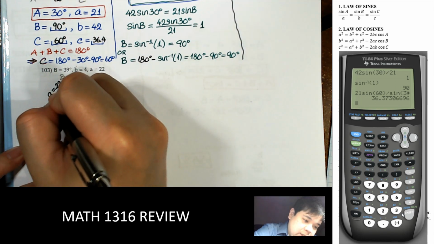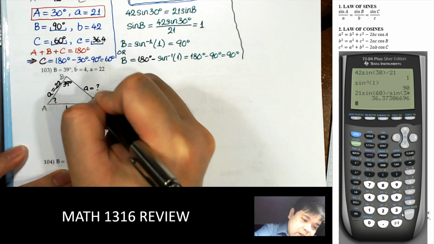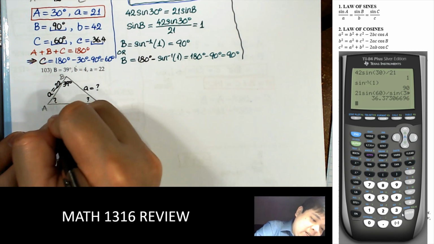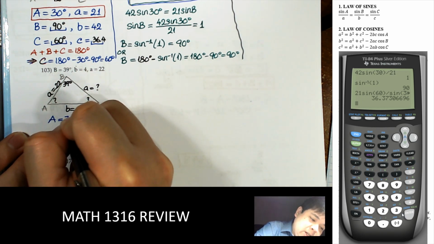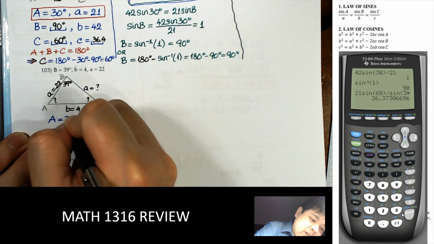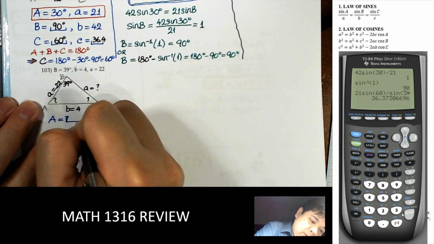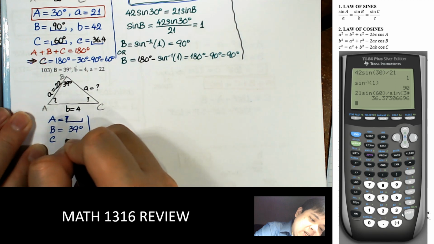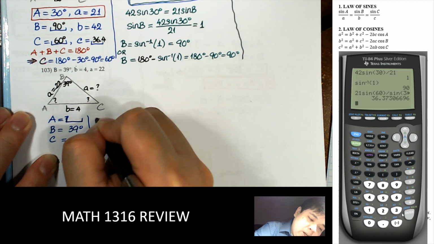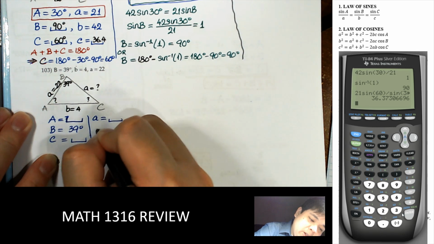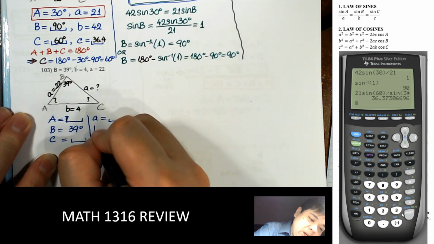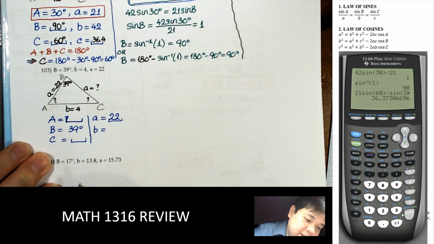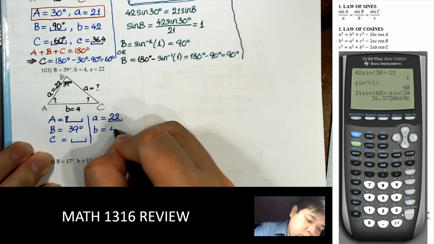We don't know angle A, or little c, or angle C. So let's write it out again in a box. B is 39, C we don't know, A is 22, little b is 4, and we don't know C.